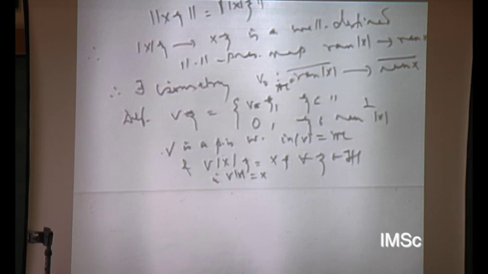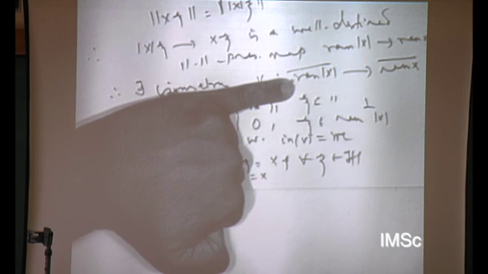So V is a partial isometry, and further, what is its initial space? Its initial space is exactly the support of mod x. Right? So that's what I said before, right?